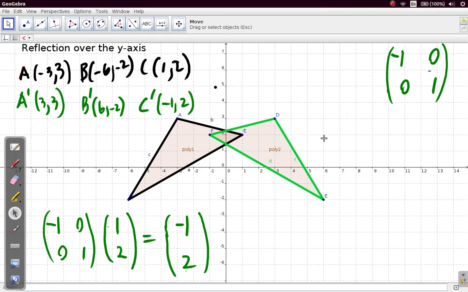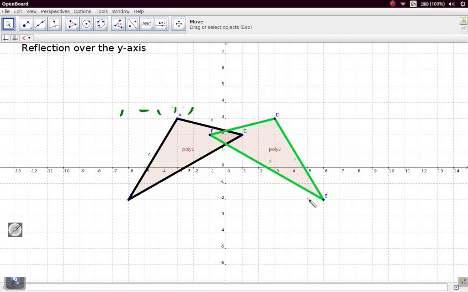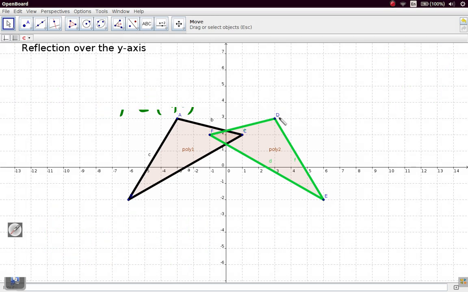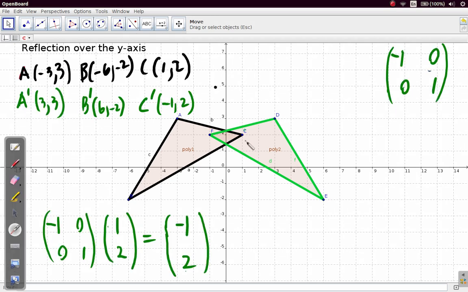So there we have our reflection, right? You see that A, this point went over here, this point went all the way over here, and this point over here. So A is reflected to the right over the y-axis.